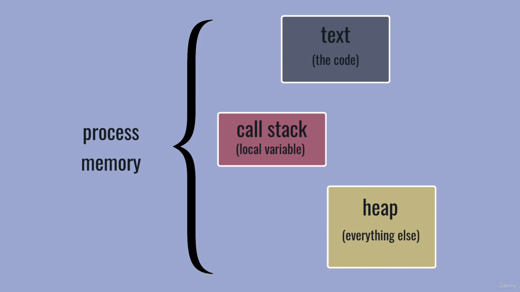The code section is straightforward. The binary instructions are stored in a contiguous chunk of memory and never modified for the duration of the process. The stack and heap, though, are both for storing data. The difference is that the stack stores the local variables used by the process, and the heap stores everything else.